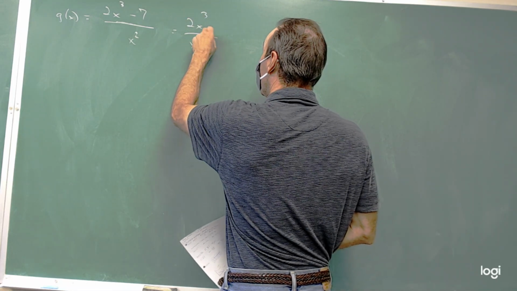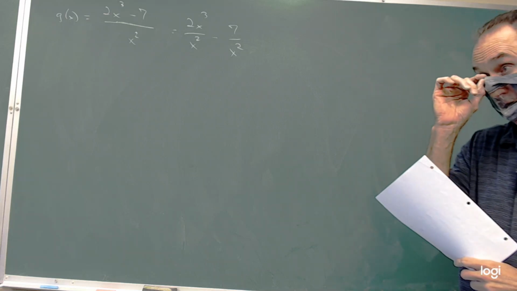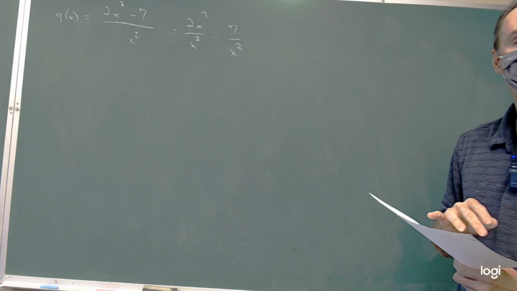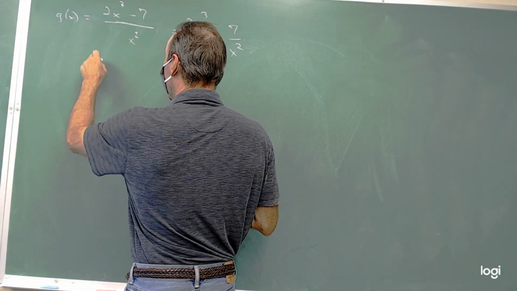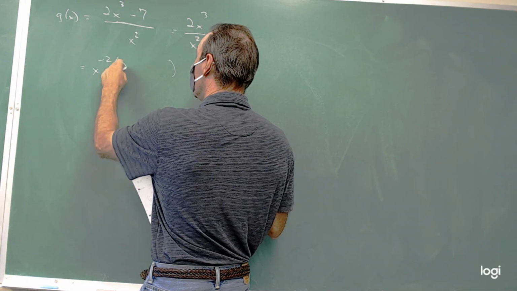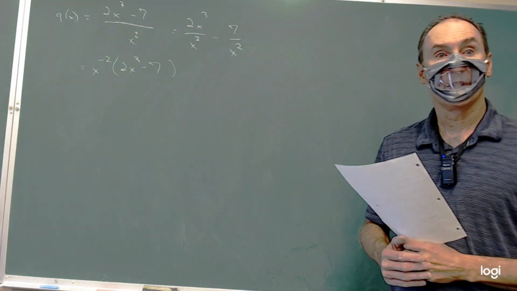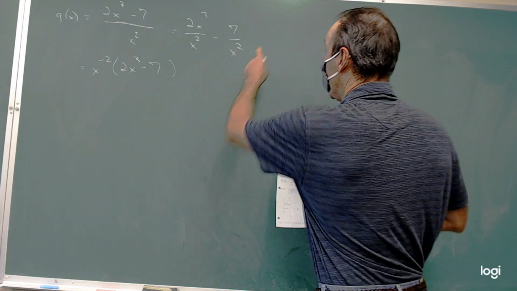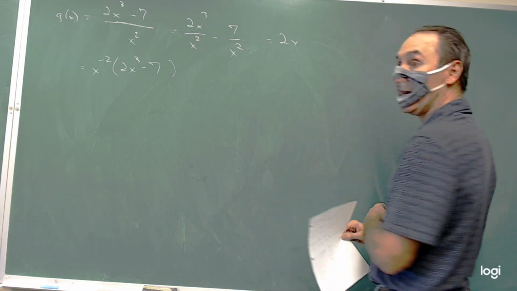Now there's another way of doing this correctly as well. This is what goes on in my mind when I see this: we're going to split this apart and simplify each one. Some people do the same thing by making this an x to the negative 2 and then distributing that x to the negative 2. Does that make sense? How these are doing the same thing? The way in my head I do this is we'll cancel that and just call it 2x.